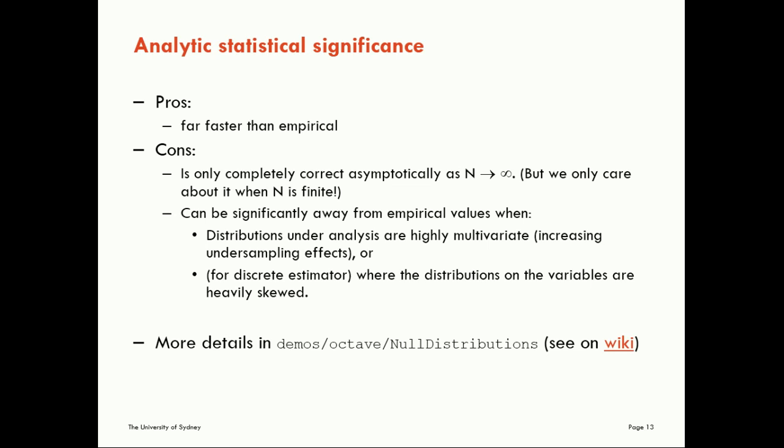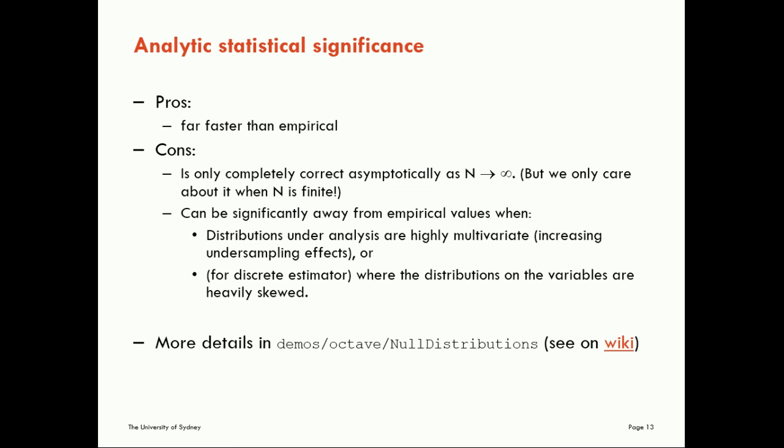So it can be significantly away from the empirical values we would generate from resampling, in particular when our distributions under analysis are highly multivariate, which increases the undersampling effects, or when the distributions on the variables for discrete data are heavily skewed. Okay, so the analytic distribution is very, very good, but it's not perfect.